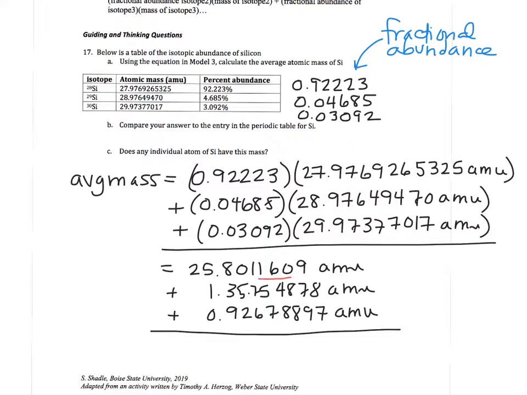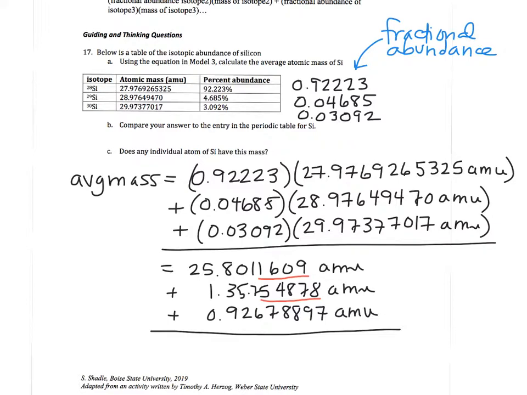So the 25.801 is significant and the rest of them are not. In the second step, we've got 4 sig figs multiplied by something with a lot more, so we're limited to 4. We underline as insignificant the 54878, so the 1.357 are significant. The same thing happens in the third line.